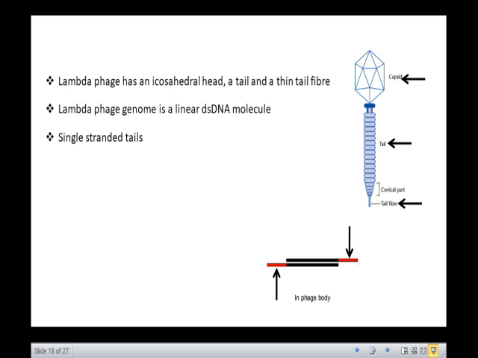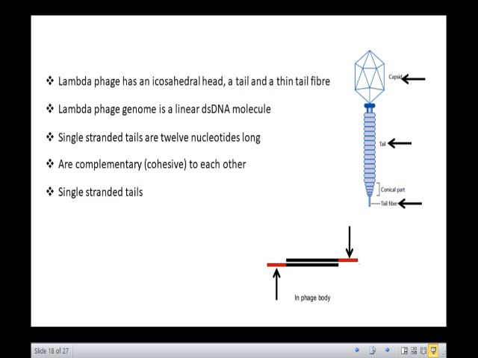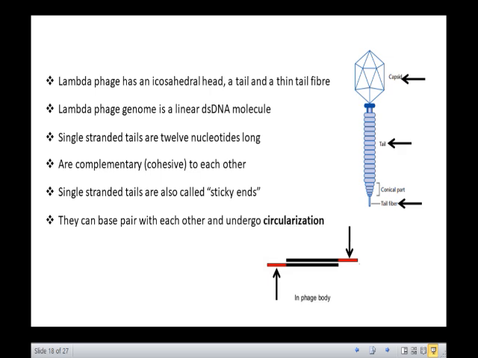These single-stranded tails are 12 nucleotides long and are complementary to each other. These single-stranded tails are also called sticky ends. Hence, they can base pair with each other and undergo circularization.